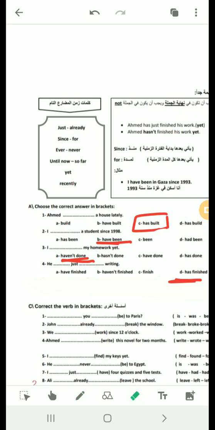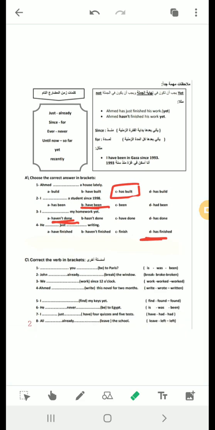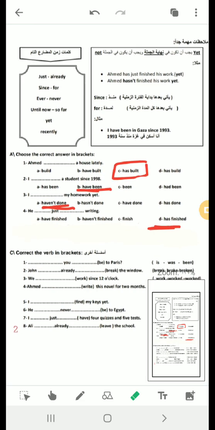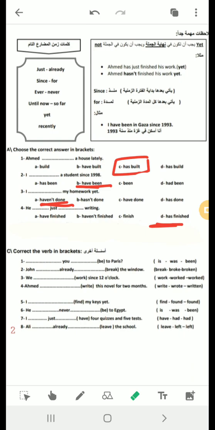Look here at the second exercise. Correct the verb in brackets. Here we have the verbs, the three forms of the verb. Number one, space you be to Paris. You, so here have you been to Paris?